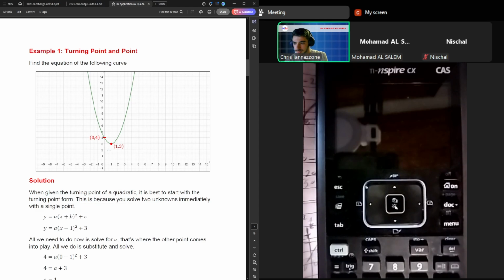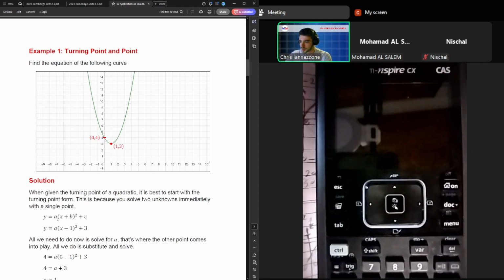The reason why is because with that single point, you can figure out your, well, I've called them B and C, usually they're H and K. You can figure out what those horizontal and vertical translations are, right? This is a shift right by 1, so it's going to be x minus 1, and it's a shift up by 3, plus 3 at the end. 1 point, 2 unknowns.